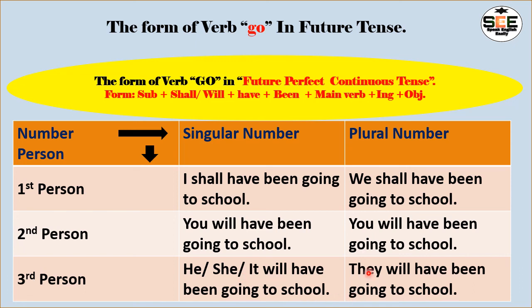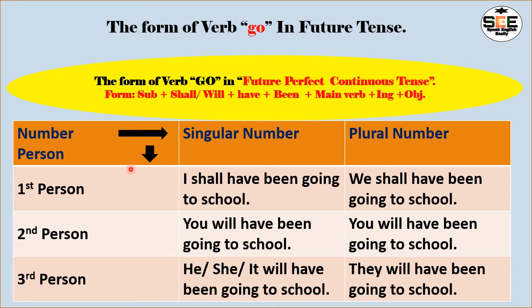And this is the last one, third person plural number: they will have been going to school. Here they is the subject and will is the indicator of future tense, and have is the helping verb, plus been is the be verb, and go is the main verb, plus ing is the continuous form. So going and school is the object. That means they will have been going to school.